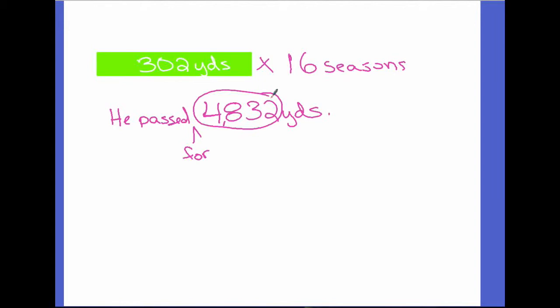If he matches that number for the next 13 seasons, how many yards will he pass for in his whole career? How'd you solve that one, Camden? Okay, so now we're taking how many he passes for in one season, and then now we're going to do it for his whole career, times 13.